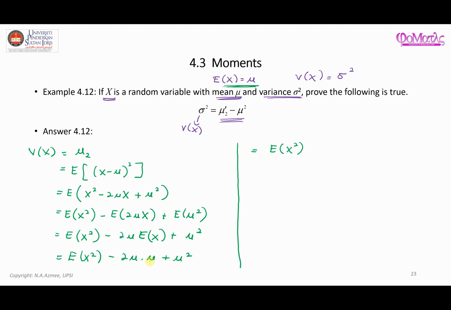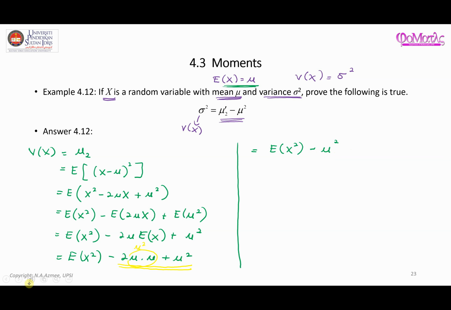Negative 2 mu squared plus mu squared gives negative mu squared.